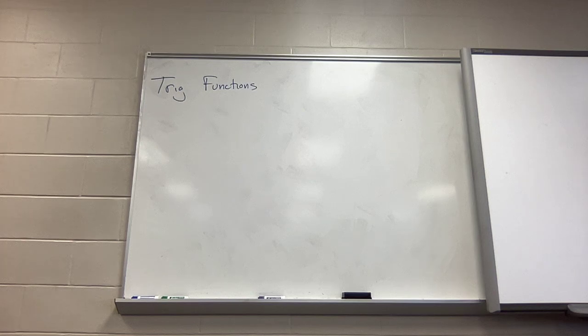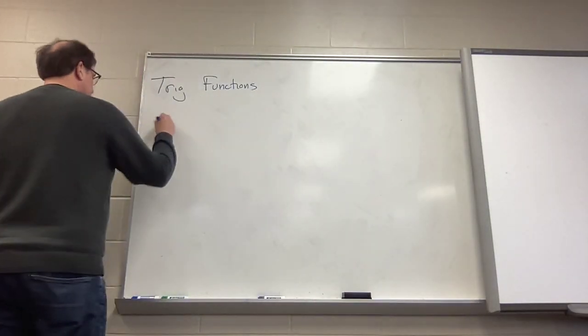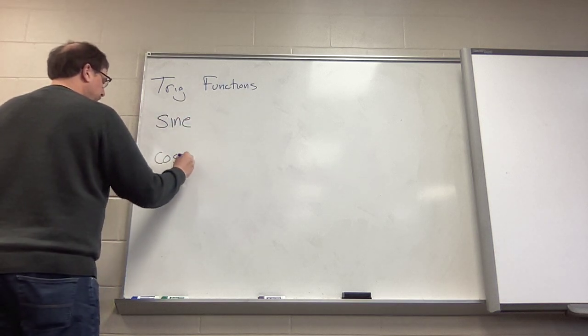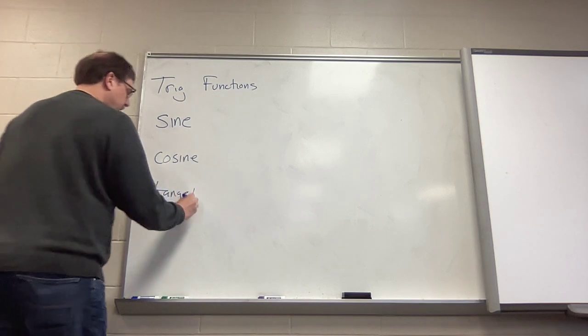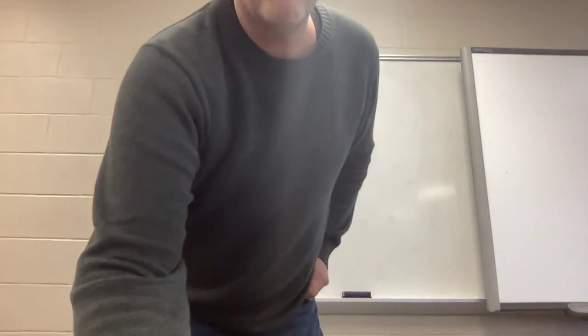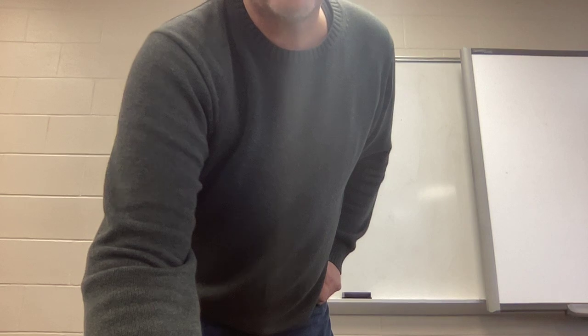There are 6 trig functions, but really 3 major trig functions. And they are called sine, cosine, and tangent. Would you all get out your calculator? As you're doing that, I'm going to stop this recording and go to part 2.